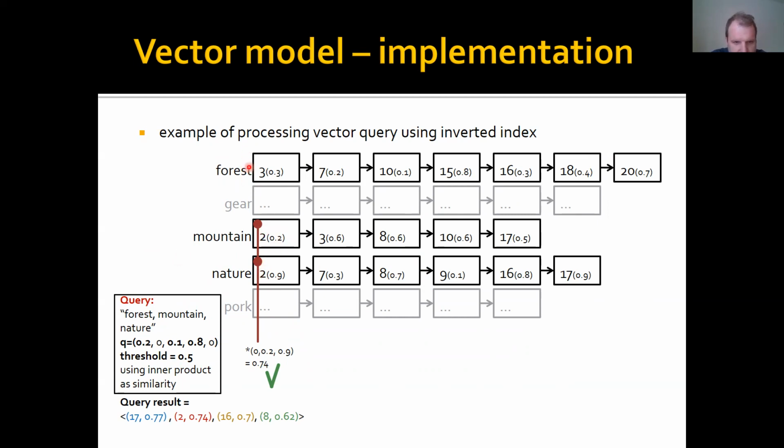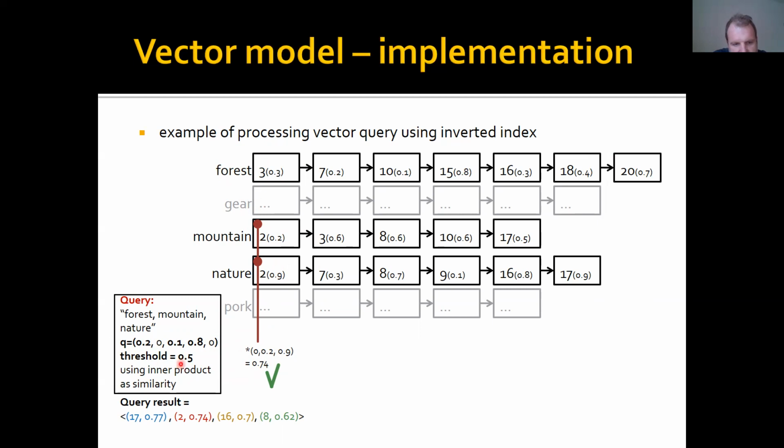There is no 2, so it must be 0 because it's not stored. There is 3 already, so 2 is here, but it's zeros. And here it's 0, 0.2, 0.9. If we take the query vector and compute the cosine similarity with this reconstructed document 2 vector, we get 0.74.